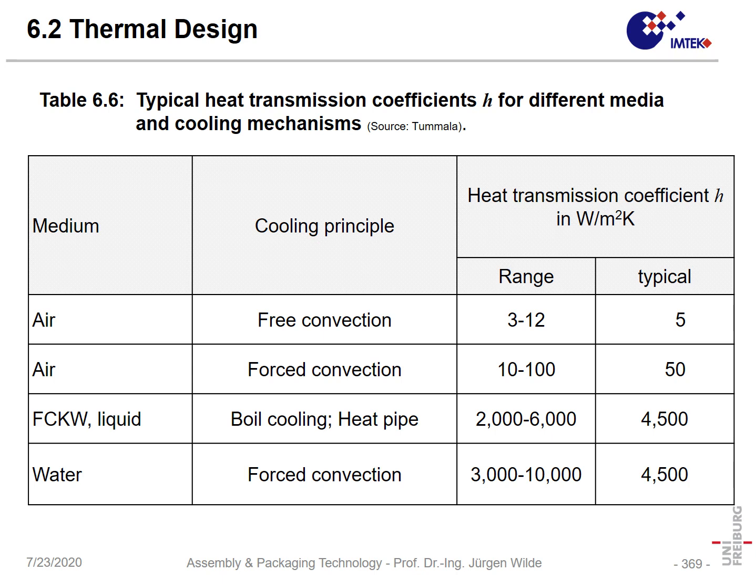Water can be in a good system between 3,000 and 10,000. In a bad system, it can start from 600 and so on. A bad system means we have just a linear pipe through which we send water.